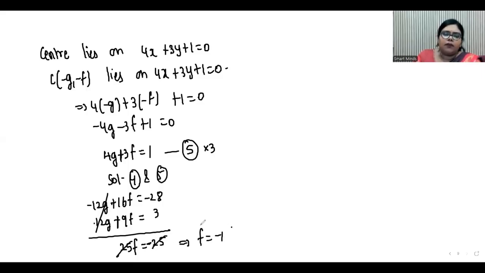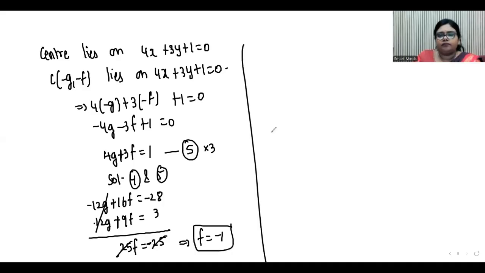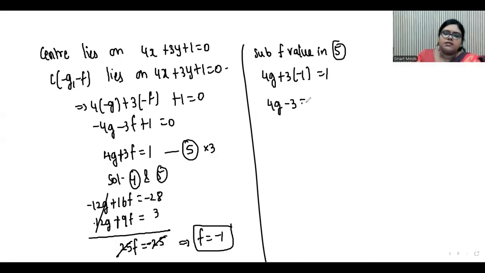F is equal to minus 1. Now substituting the f value in equation number 5. So 4g plus 3 into minus 1 is equal to 1. 4g minus 3 is equal to 1. 4g is equal to 4. G is equal to 1.